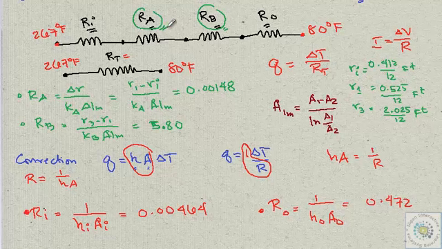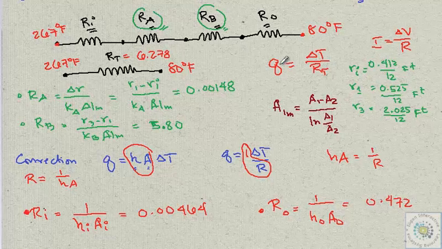So we have Ra 0.00148 plus 5.80 plus this and plus that. That will give us 6.278. Okay, 6.278.